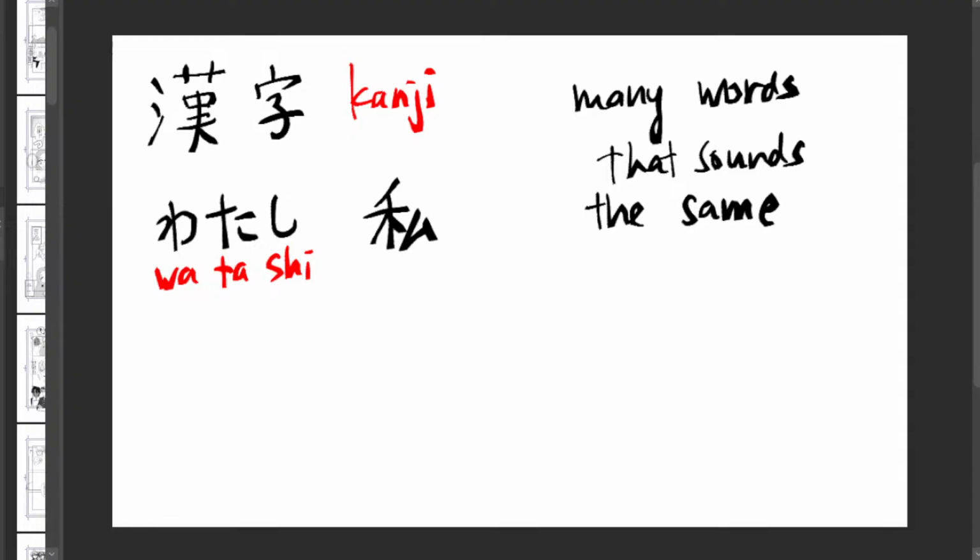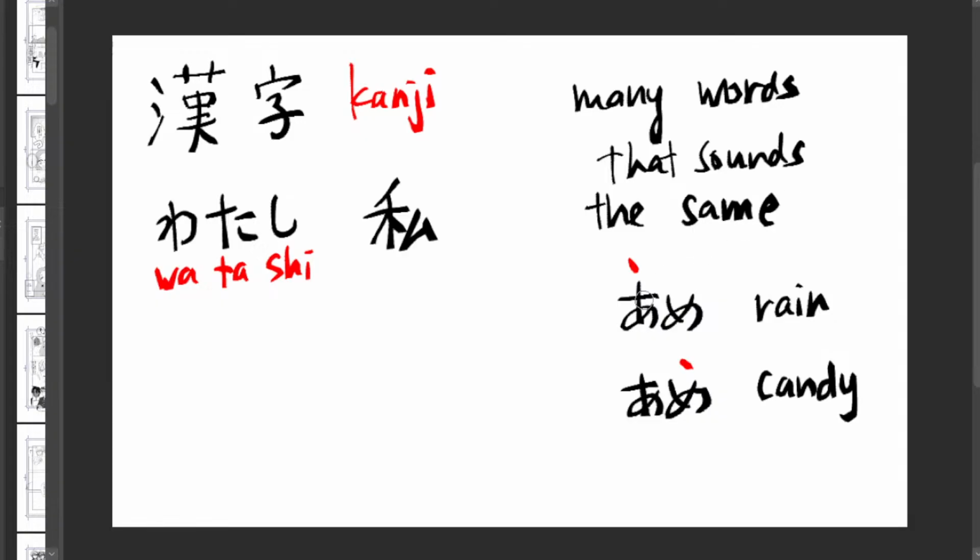For example, I'm going to give you one example. We have ame and ame. If you notice the stress, either it's on a or me, ame or ame. So ame is rain and ame is candy.